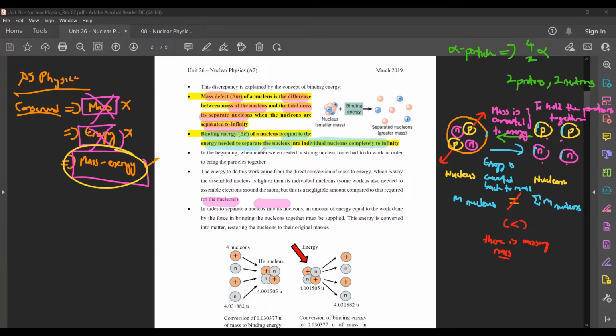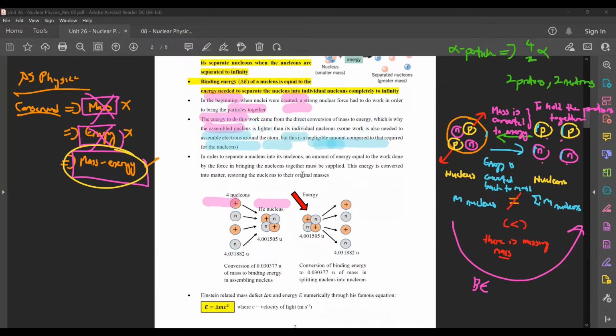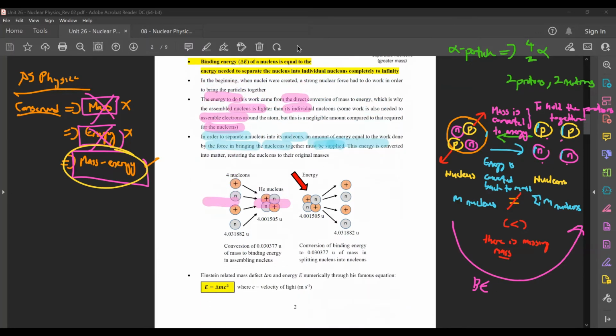The energy that you supply to break it apart into the individual nucleons is what you know as binding energy. So if you go from nucleus to nucleons, this one is what you know as binding energy.